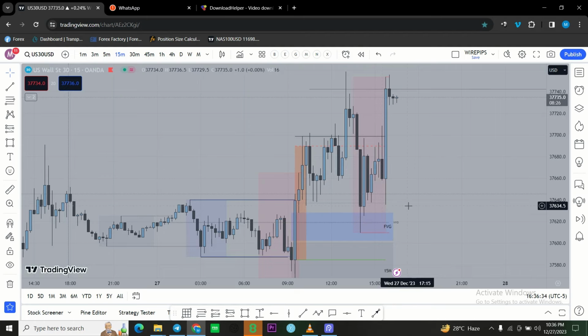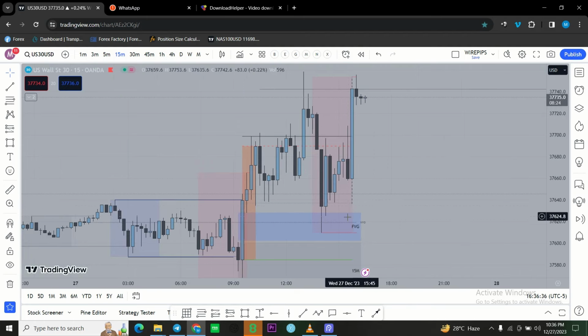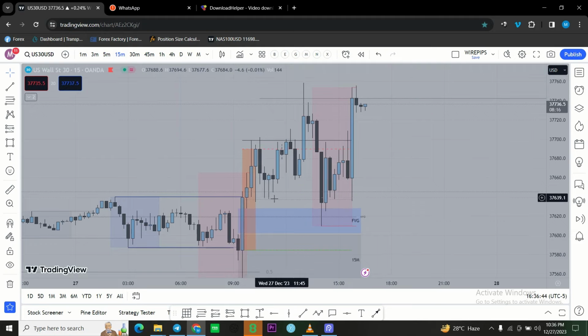Okay, guys. Just like we said previously, we are expecting the market to rise to this level, so we can join to ride the move. So this is it, guys. The market's repriced to this fair value gap I spotted previously. Now the market's pushed up from this level.